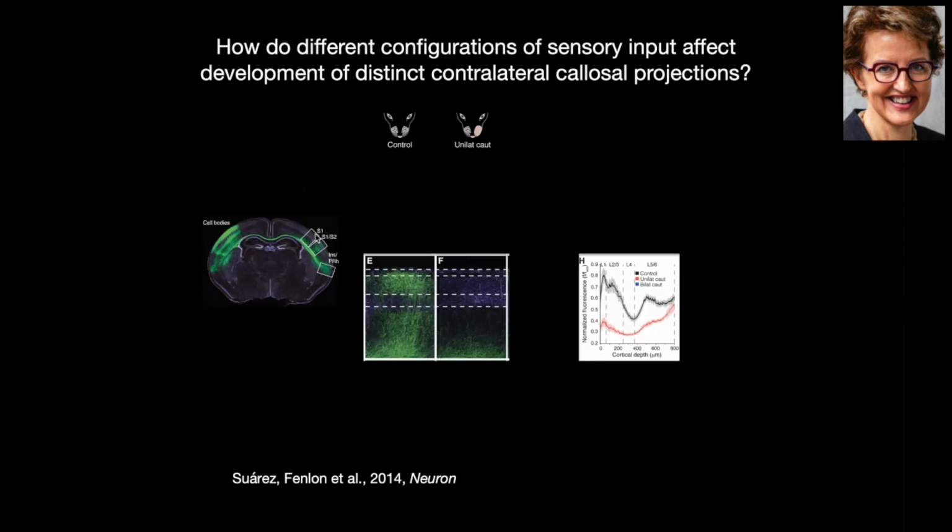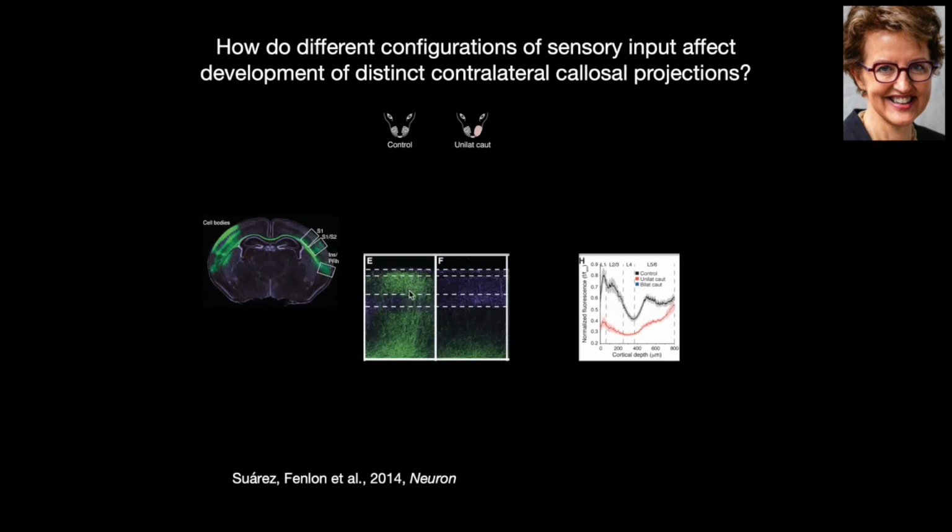There are some projections into S1, and also this large projection into this insular perirhinal region. Together with Jeff Goodhill's lab and Lilek Abatan in that lab, we developed a way of using the amount of fluorescence, quantifying this very carefully, to look at the amount of projections.